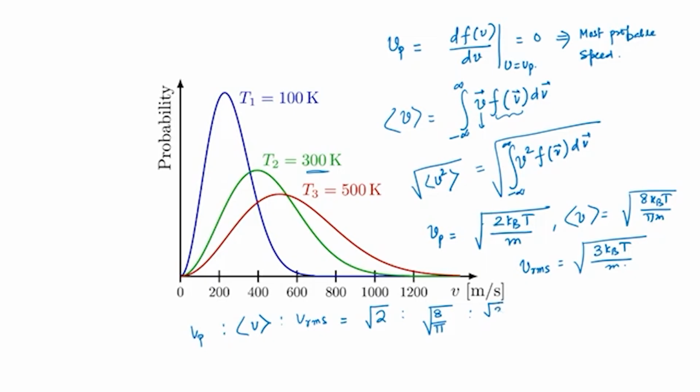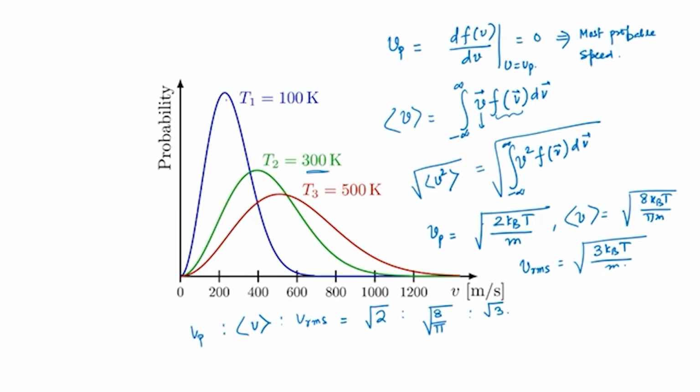So, you know that Vrms is larger because 8 over pi is something between 2 and 3, because pi is like 3.14. So, if you divide it by that, it is 2 point something, there is a 2 here and there is a 3 here. And once again we show that here as the temperature increases, the height of the distribution goes down.